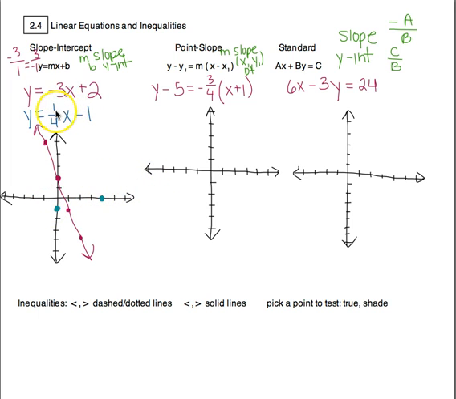But again, remember that 1 over 4 is the same as negative 1 over negative 4. So I can also go down 1, left 4, which would be right here. Sorry that my lines kind of look like curves. It's really hard to keep them straight on this software.